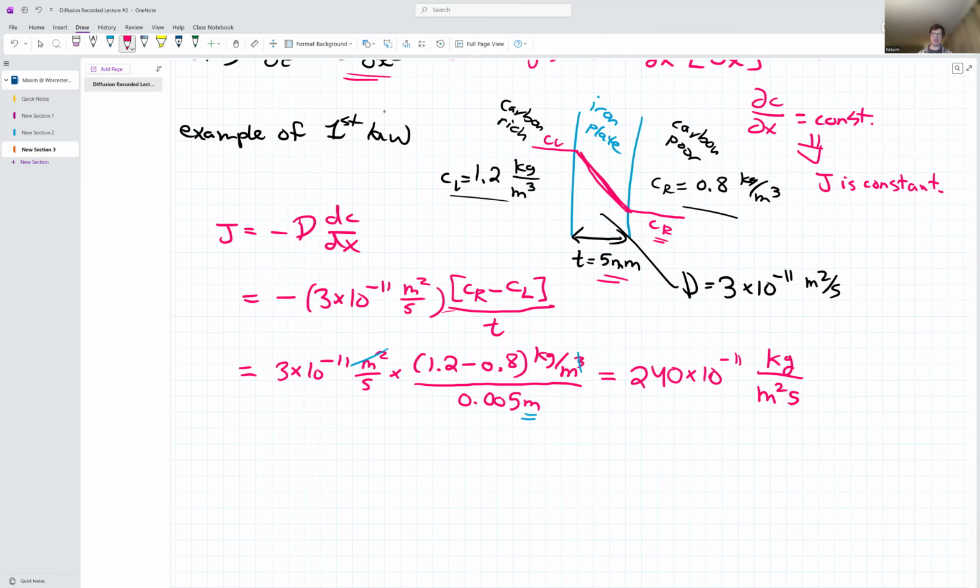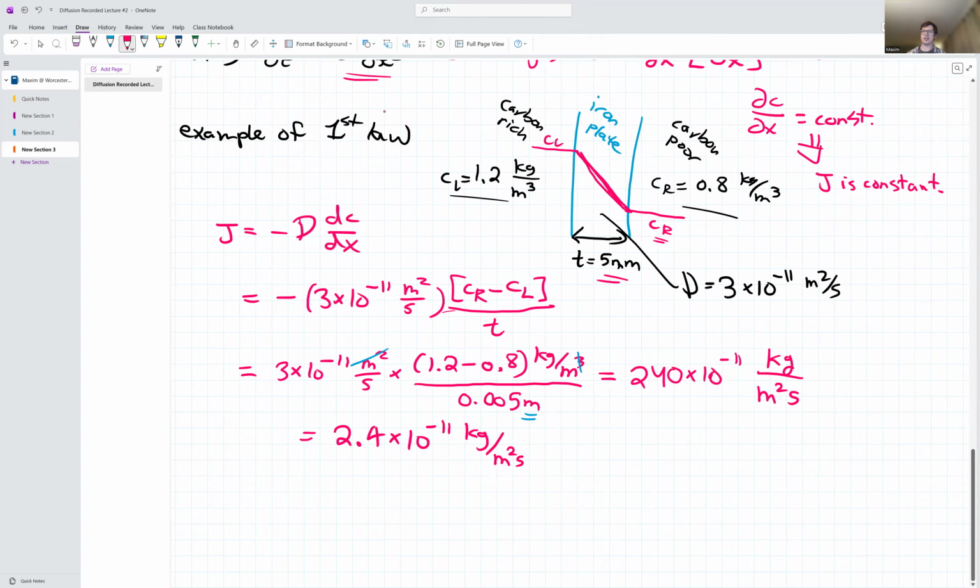And this makes sense, right? Because the flux should be in amount of particles, which in this case is kilograms, per area per second. So that's what you get. Written another way, it's 2.4 times 10 to the minus 11 kilograms per meter squared second. So that's a typical flux.